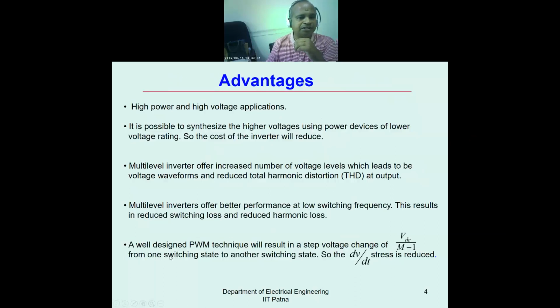this advantage of multi-level is a higher power, higher voltage, like all kinds of transmission systems today, HVDC, high voltage DC, everywhere we are trying to use multi-level for high power and high voltage applications. And it's synthesized to higher voltage.